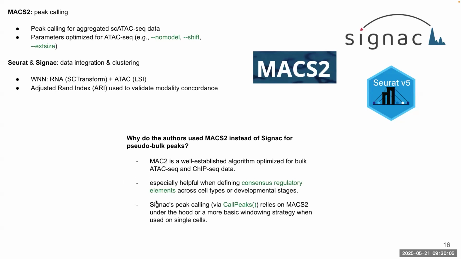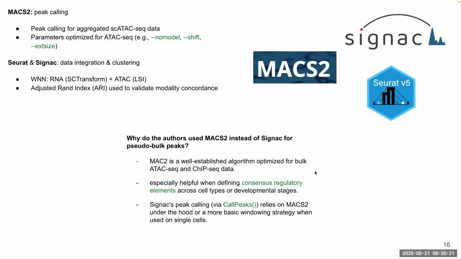And in some forums, I found that this is especially helpful when we are trying to find consensus regulatory elements across cell types. In this case, they use it for developmental stages.